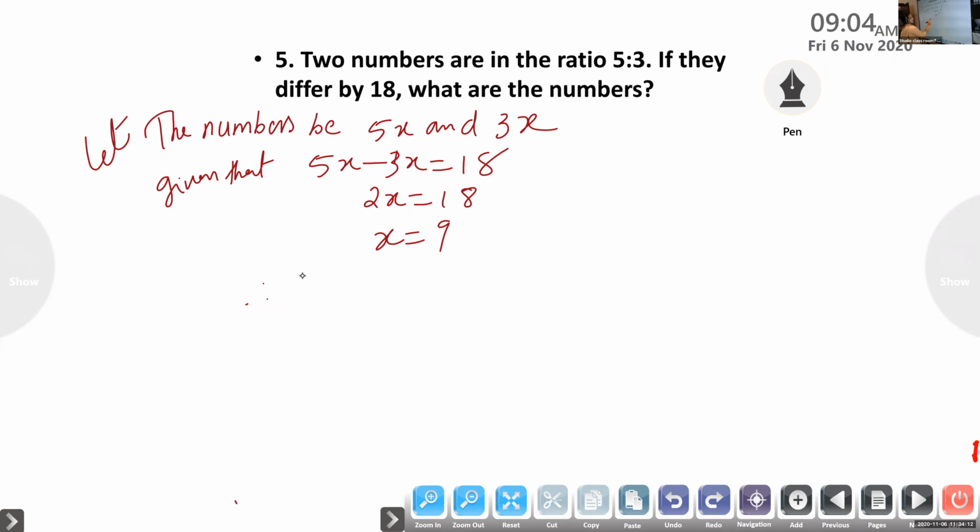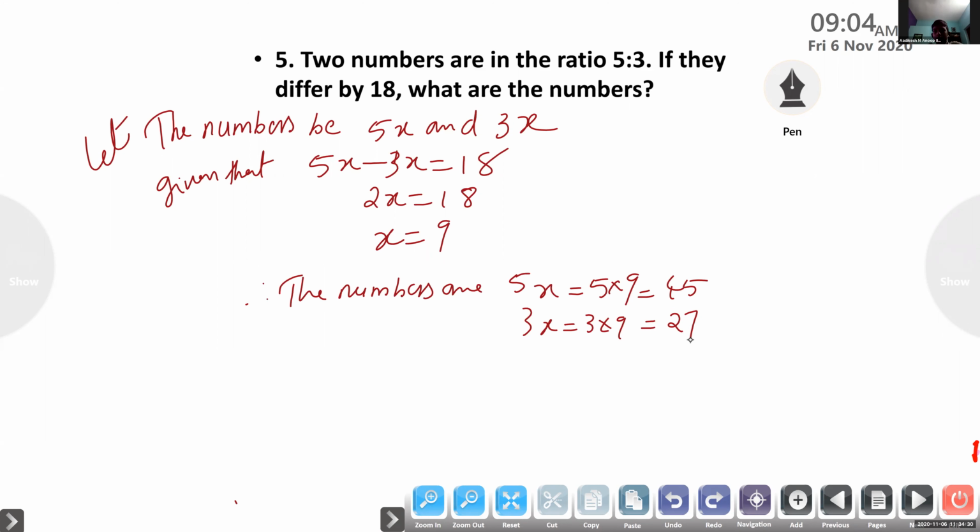Therefore, the numbers are 5x equal to 5 into 9, 45, and 3 into 9, 27.